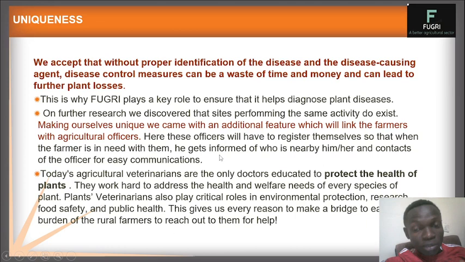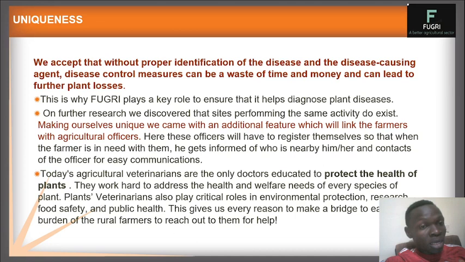We have done this because, as you can see, currently we are only able to attain 80% efficiency, but these agricultural officers have more information and more education, so we believe that they can add more information to the farmers than the application itself can.